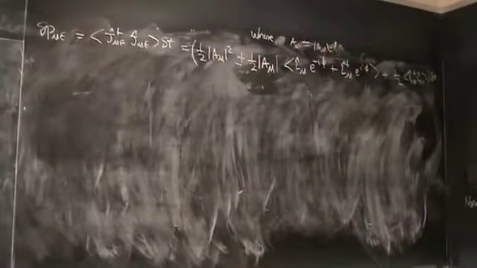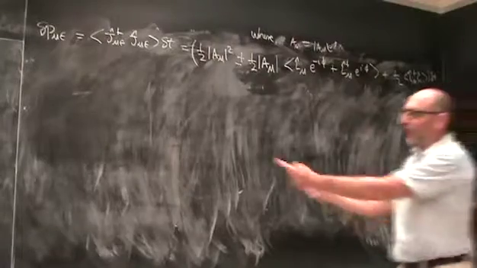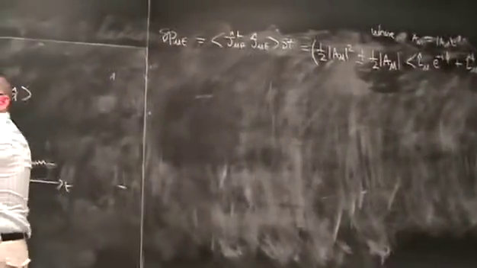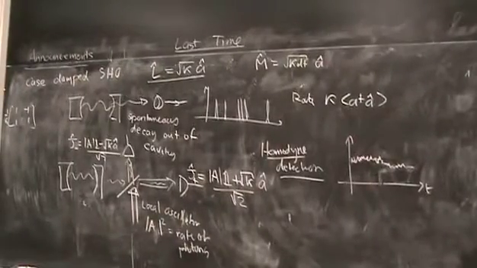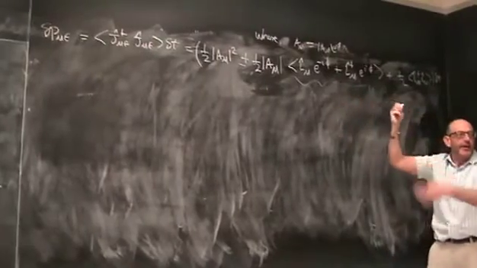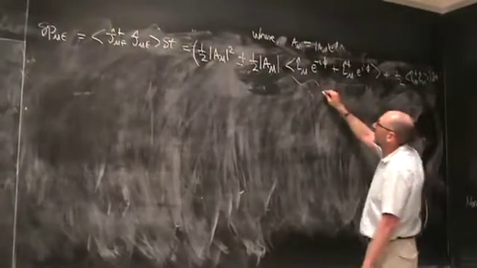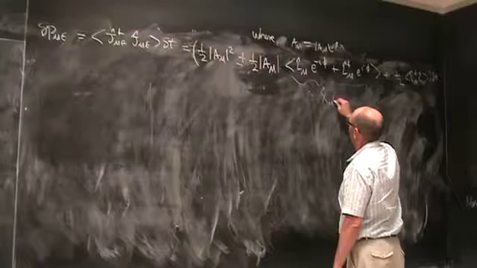Because when you square this, you get cross terms. And of course, what this is, is a quadrature of that Lindblad operator. So I'll call this x mu at that phi.